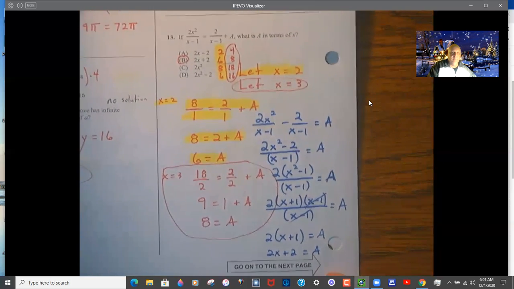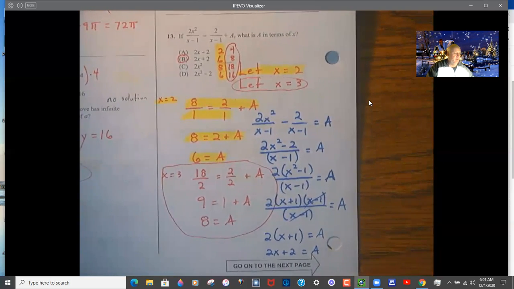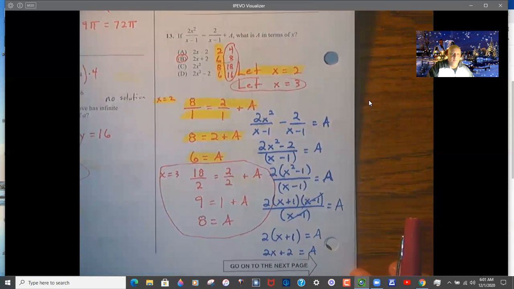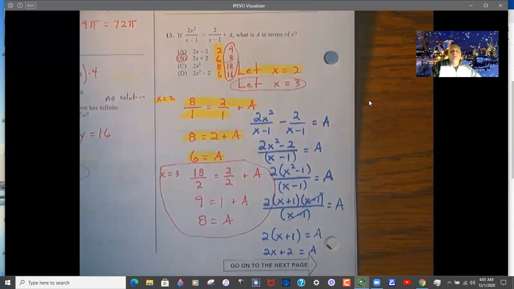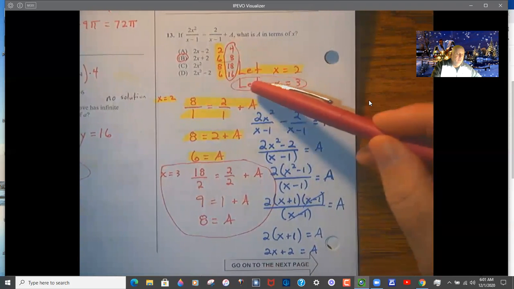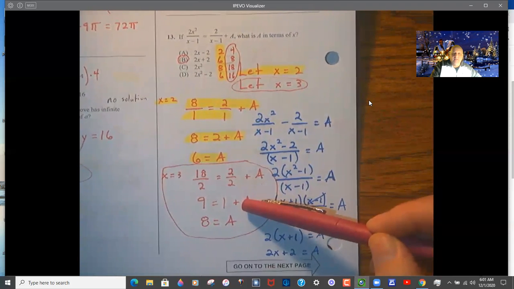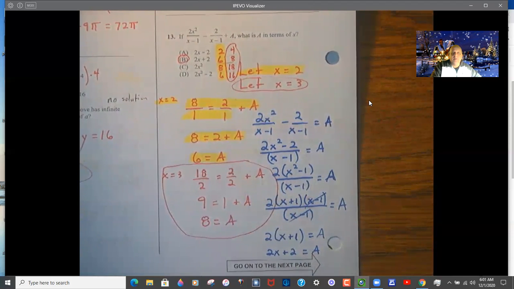Problem 13 is a great problem to demonstrate the concept of the numbers game. So you're probably looking at this and going, oh my word, what is all this? I understand. So you really want to focus on these circles with no highlighter in them, because that's probably the best way to go about it.